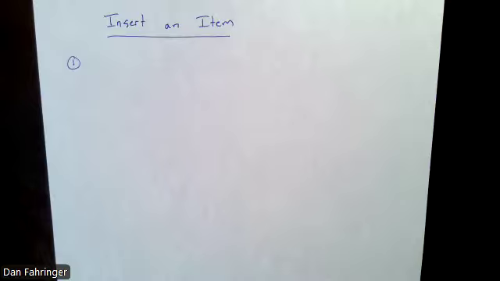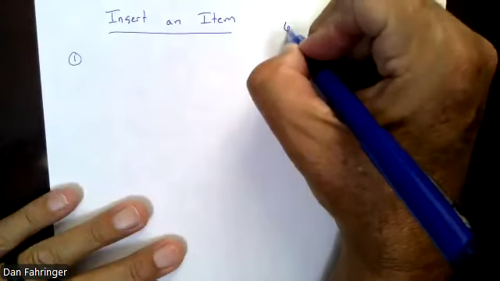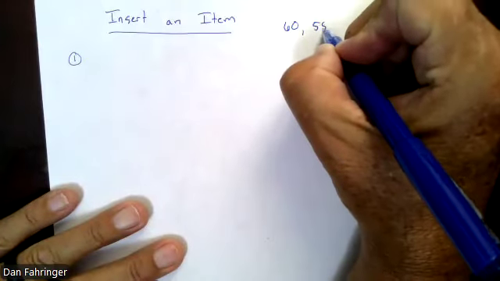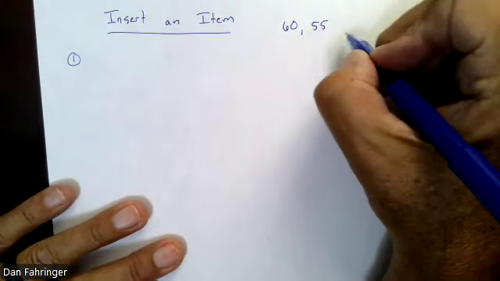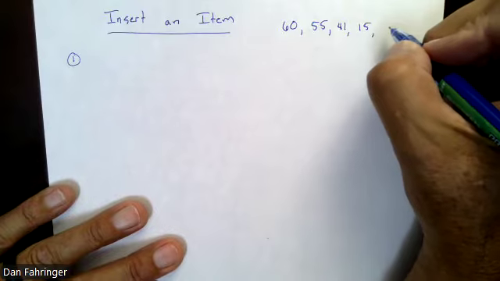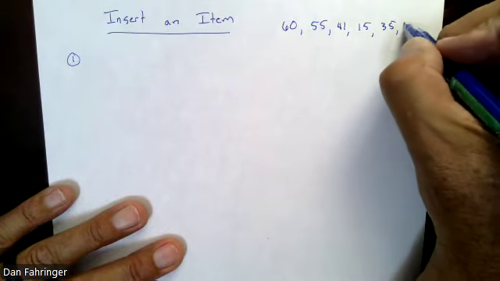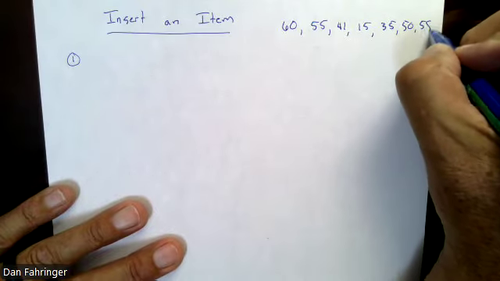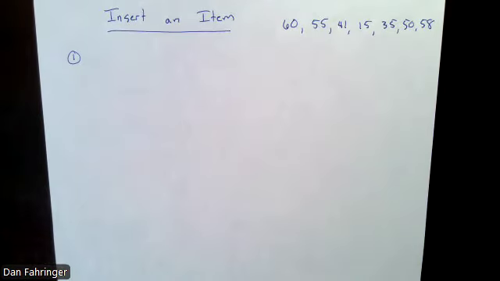I'm going to take this list of numbers: 60, 55, 41, 15, 35, 50, 58. Right now I have an empty heap and I want to start inserting those numbers.